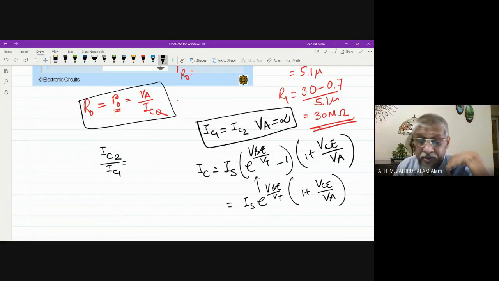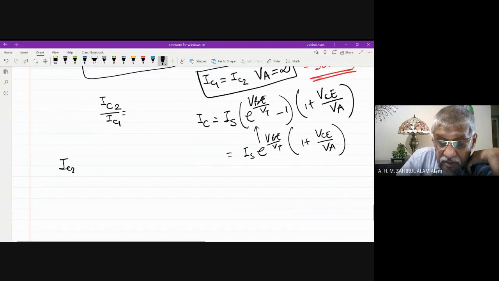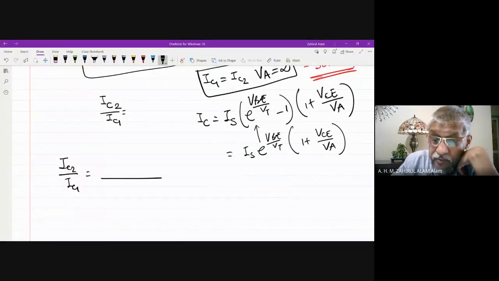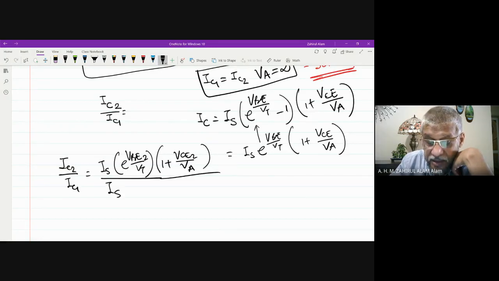So now let us substitute this equation into IC2 over IC1. IC2 is IS e to the power VBE2 divided by VT times 1 plus VCE2 divided by VA, divided by IS e to the power base 1 emitter voltage divided by VT times 1 plus VCE1 divided by VA.